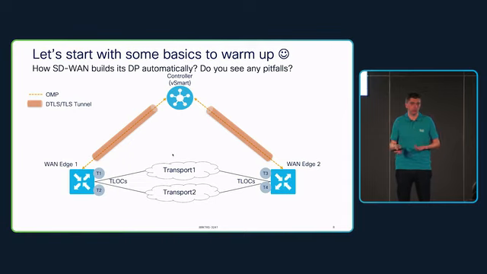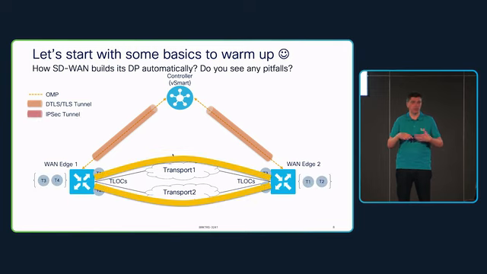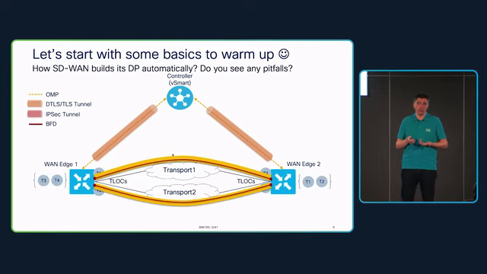It reaches out to our controllers, learns about other vManage and vSmart, establishes control plane connections, learns about the tunnel endpoints of the other devices, and establishes IPsec tunnels and BFD sessions on top of it. This is something happening automatically, or automagically, if you like. And we are really used to it. We are not thinking if it could bring us into trouble. And it really could, as you will see.